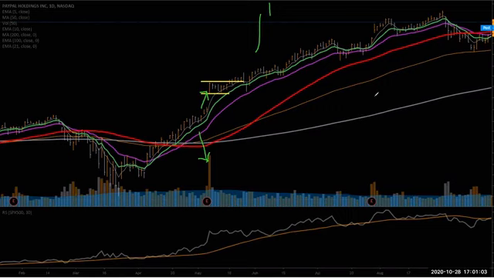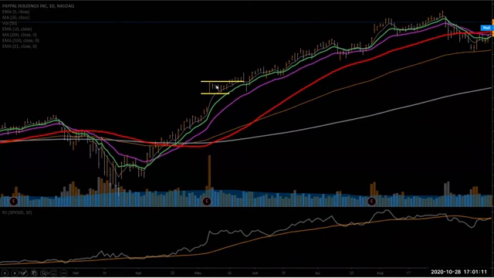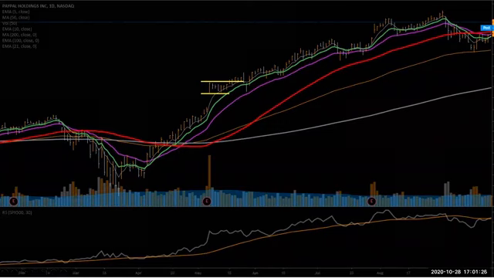This pattern that we saw here with PayPal, where it gapped up like it did right here, and I'll give you another pattern too that you could write down: the way to trade breakaway gaps. That's what this happened to be, a breakaway gap on the daily time frame.